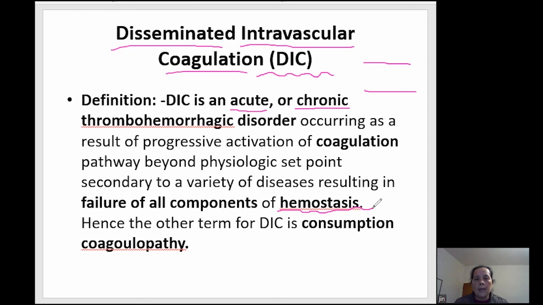And the other aspect: because so many clots form inside the blood vessels, they consume most of the plasma proteins and platelets, so the body couldn't stop bleeding anyway. So basically two aspects happen in this disorder.